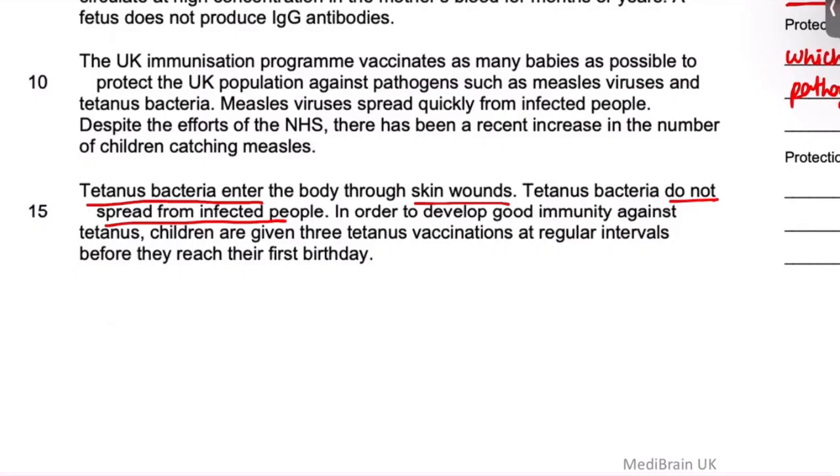Okay. So it doesn't spread between infected people, which means that it doesn't really provide herd immunity, because herd immunity is only there for infections which can pass between populations. It can spread between infected people, like COVID, for example. Tetanus doesn't spread through infected people. It spreads through skin wounds.